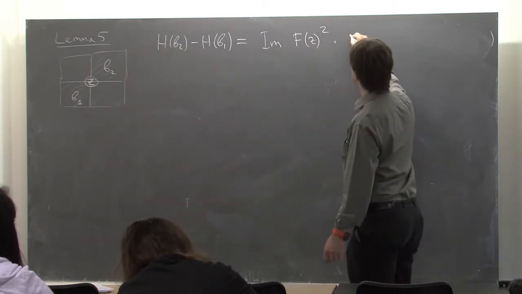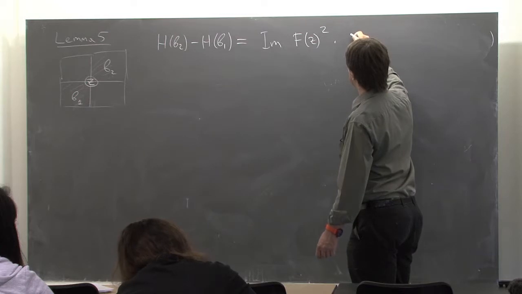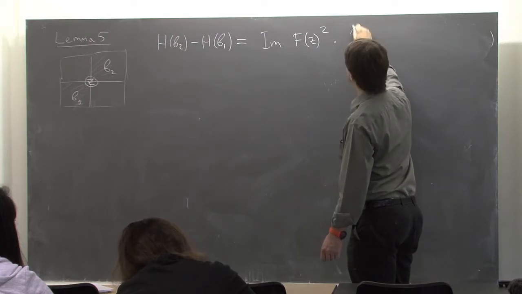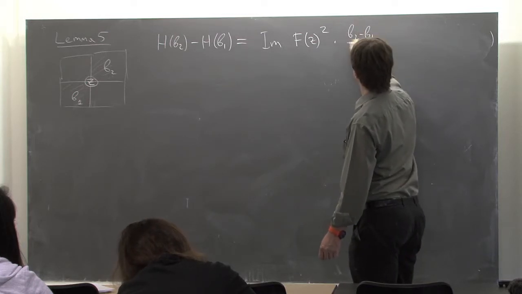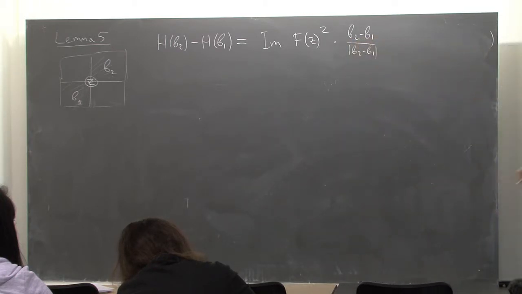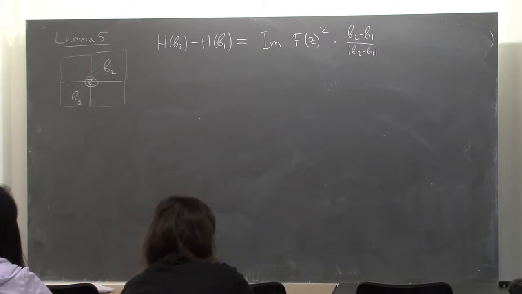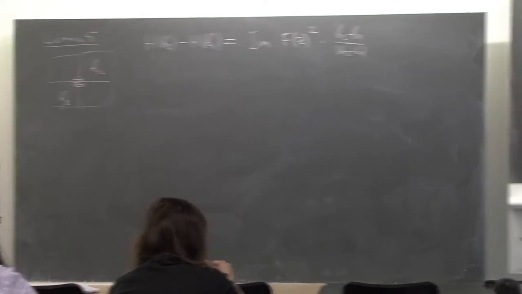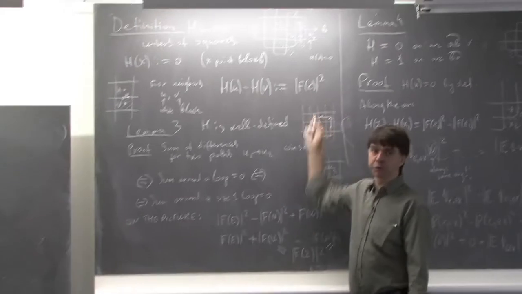So times, how do I put it? b2 minus b1, or the absolute value of b2 minus b1. Because so far we weren't really writing integrals, we were just writing discrete sums. So we just increase h by the value of the imaginary part of f squared.